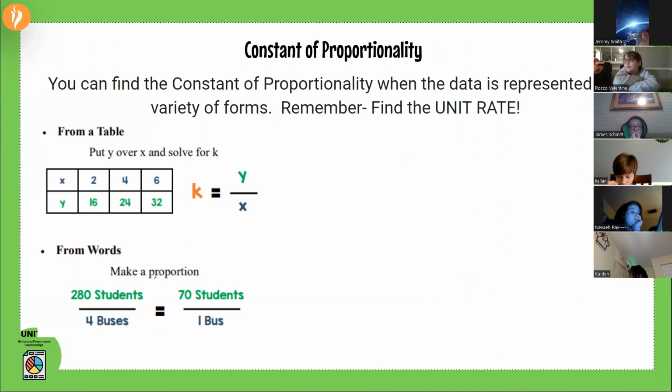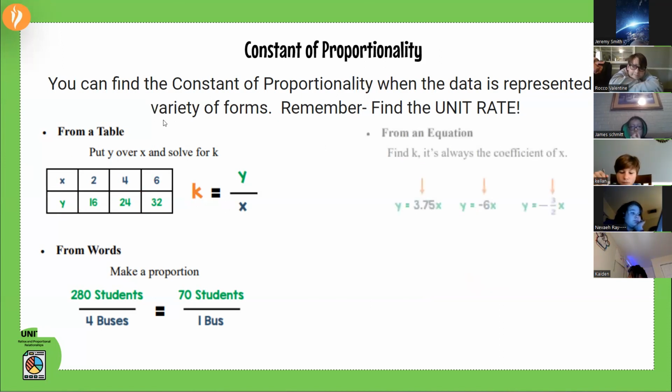All right, so it says right here, moving on, form an equation, find k. It's also the coefficient of x. So from a table, if this were proportional, this would help us, which is not proportional. I think I put in the wrong table there. From words, you can make a proportion.